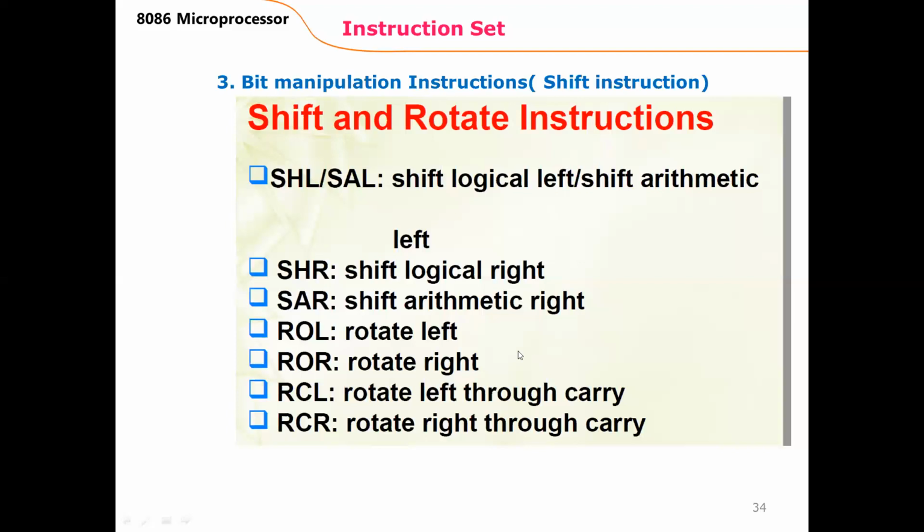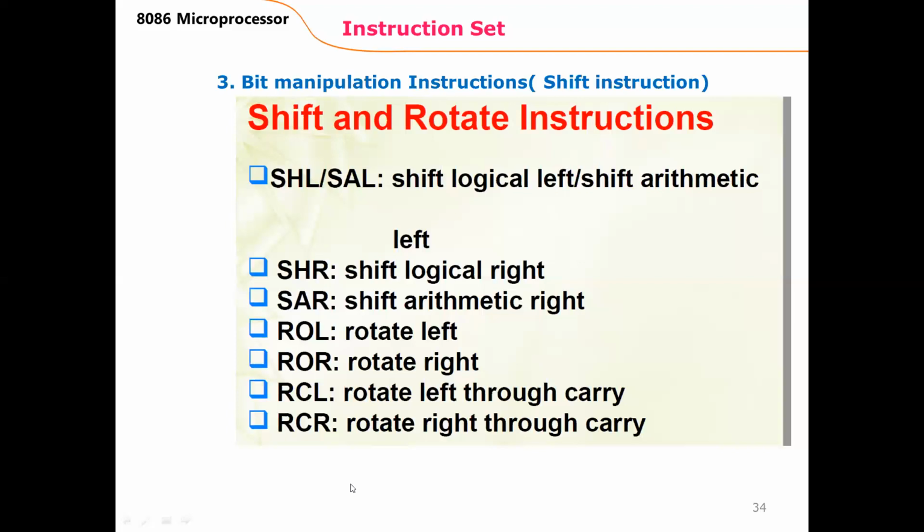Another difference between the 8085 and 8086 rotate instructions is that in 8085, by default the rotate operation is performed on the accumulator content only. RLC was sufficient in itself, because RLC will rotate the accumulator content left by 1 bit by default.